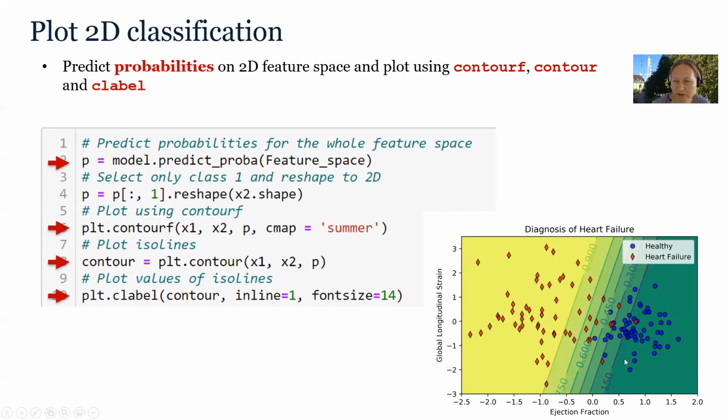We can see this is a very similar plot, except that we have a smooth transition, which expresses the confidence around the decision boundary. We can also plot the isolines of this function using the matplotlib function contour, and we can also label the isolines using clabel.